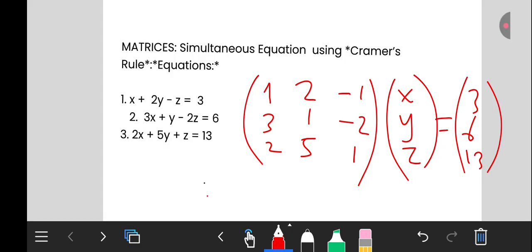To get the determinant of x, substitute in the first column, where this is for x, that is for y, and that is for z. So x, y, and z. Substitute where there is x with these values.